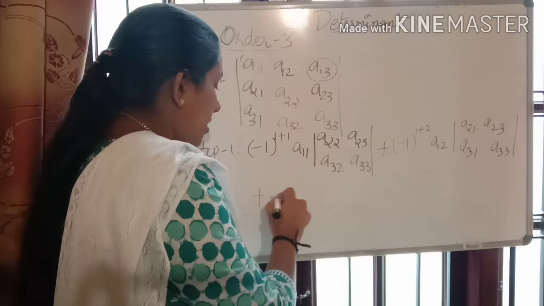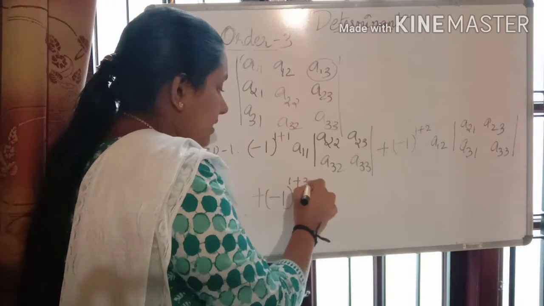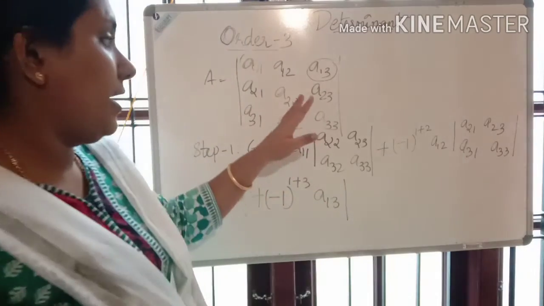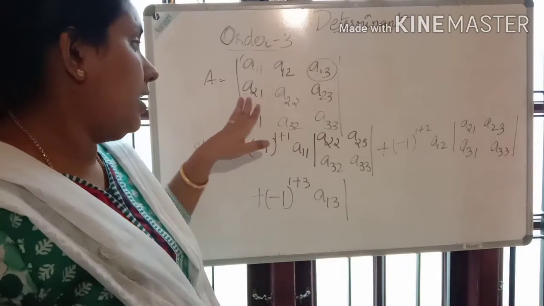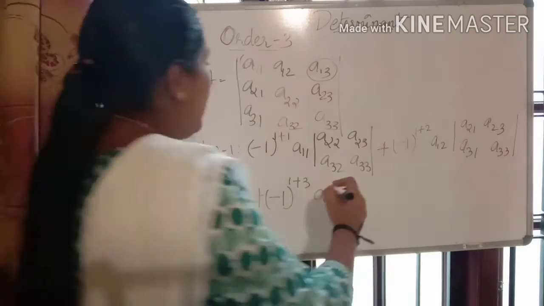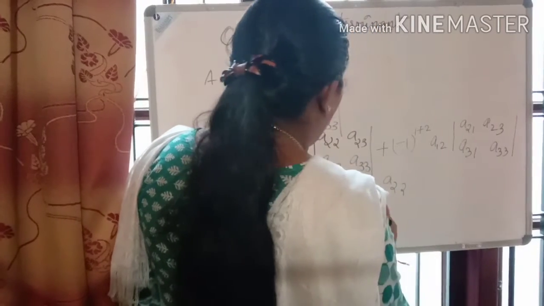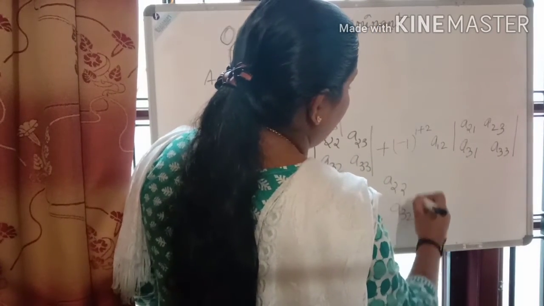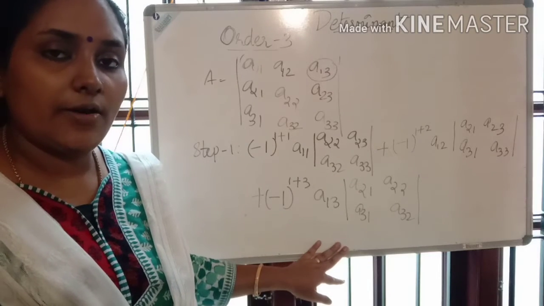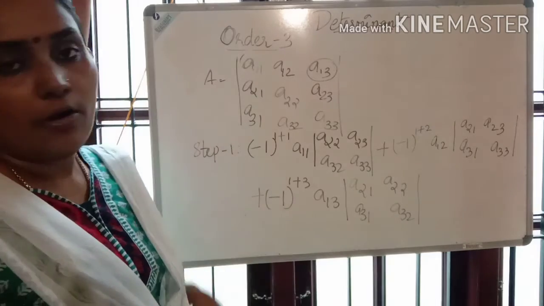Minus 1 to the power 1 plus 3, into A13, and the determinant of the remaining elements, that is A21, A22, A31, A32. From this, we can easily find the value of the determinant of A of order 3.